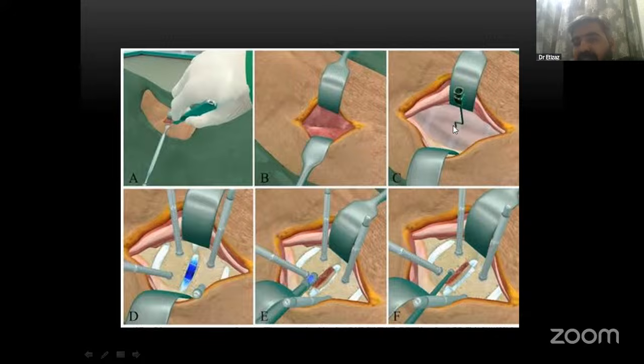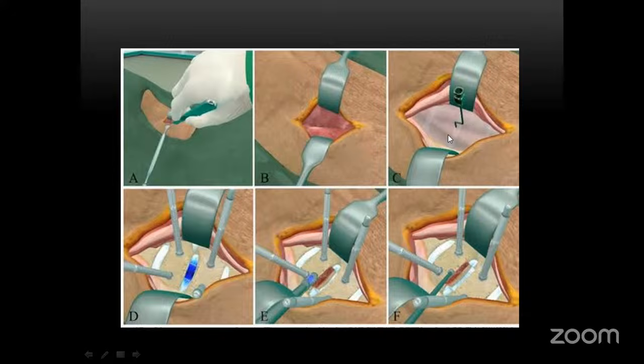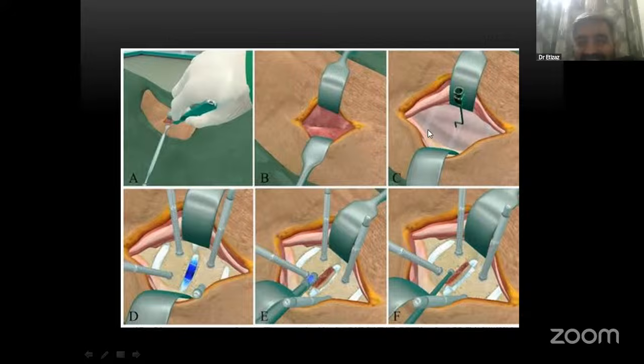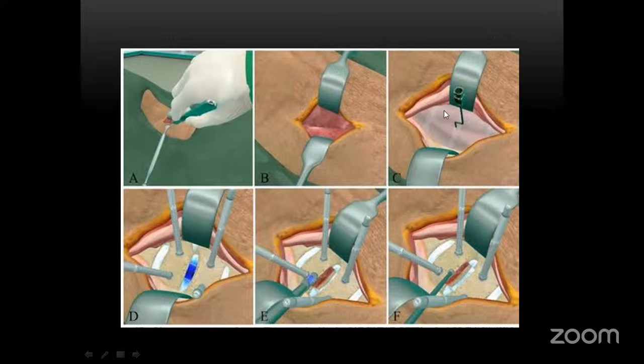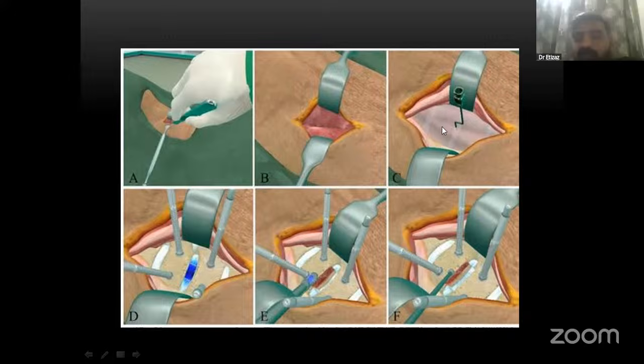Yes, less than 1 centimeter. Why not more than 1 centimeter? Sympathetic. Okay, good. The sympathetic chain will be disturbed. They are saying that the ideal is 2 mm, and the maximum is not more than 2 to 10 mm.